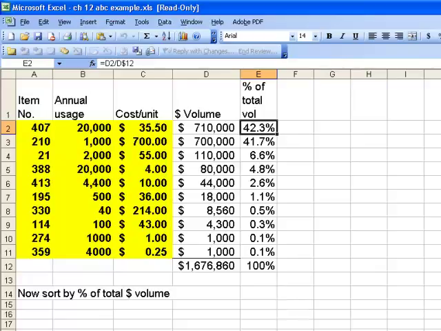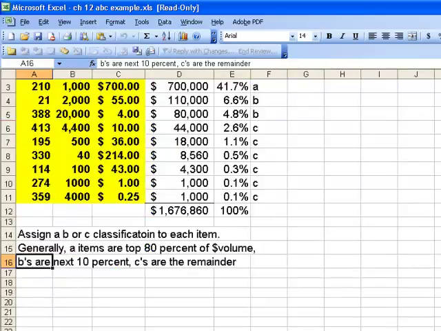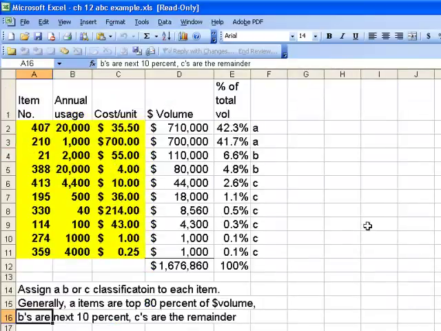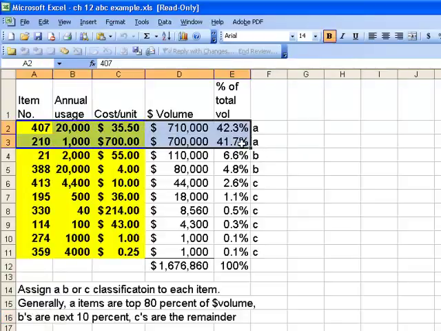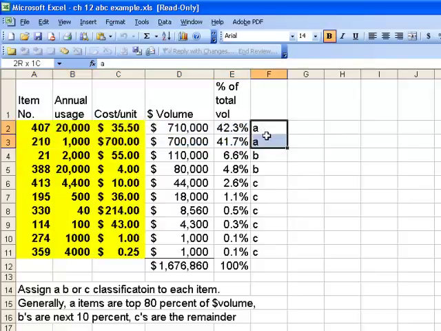Now what I need to do is assign an ABC code to each one of these items. The items with the highest dollar volume are my A items. So between item 407 and item 210, I've got just a little bit over 80% of my total dollar volume. So I'm going to say that those are my A items. Again, that accounts for 80% of my total dollar volume, even though it's just about 20%, or 2 out of 10, of my items.